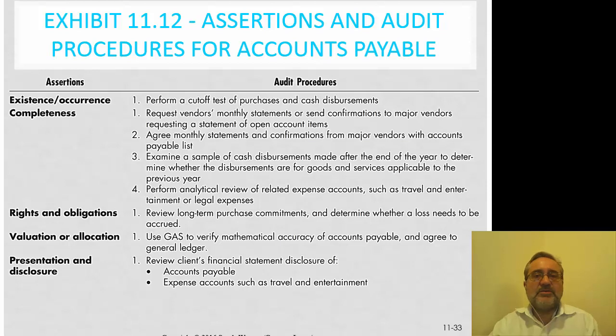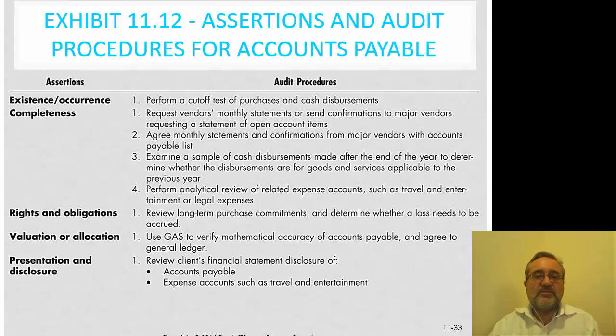If we look at Exhibit 11-12, I won't spend too much time on this, but this actually gives you an opportunity to consider specific audit procedures as they relate to specific assertions. So for existence and occurrence, we're performing a cutoff test. Completeness, we request vendors' monthly statements.